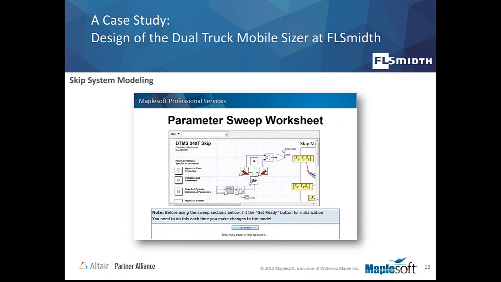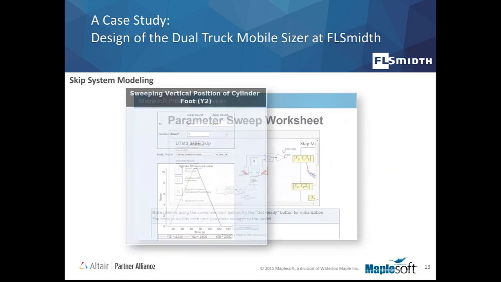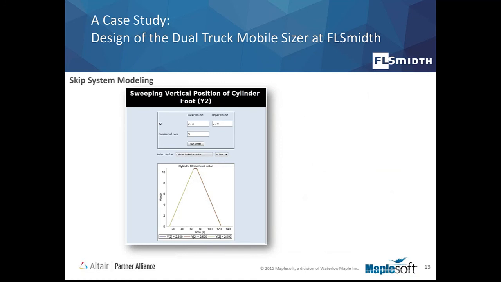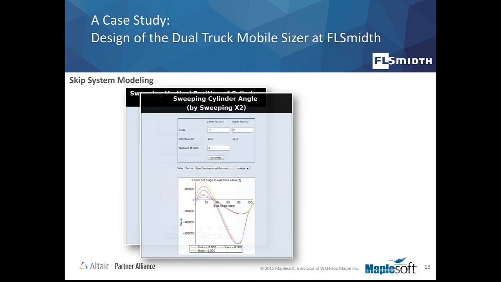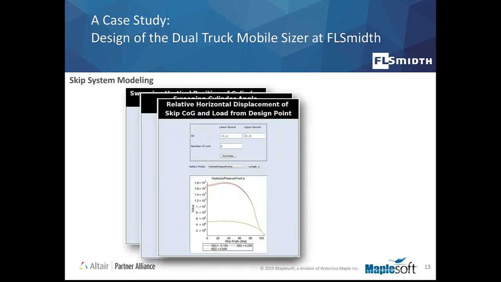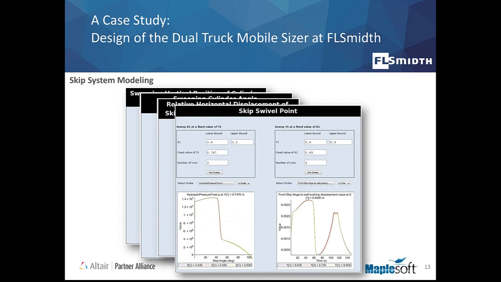Similar to what you have seen, we have created specialized tools. In this case, it is a tool that was created for the skip subsystem, which is a parameter sweep worksheet. It would give the designers on the FLSmidth side the ability to quickly check different design parameter ranges, change various geometry or other configuration of the model, and compare the results.